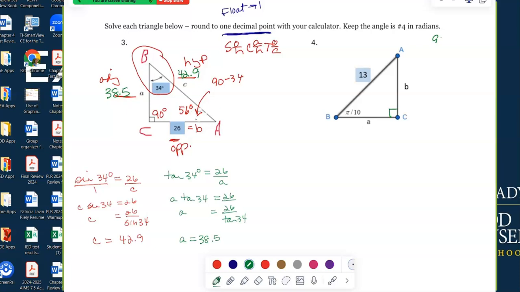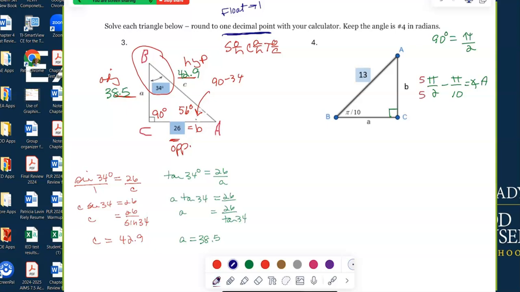I'm now dealing in radians in problem 4. So my 90 degrees equals what? You should all be screaming pi over 2. Okay, so if that's the case, then I know that pi over 2 minus pi over 10 is what I need for angle A. Well, I can't do that unless I multiply pi over 2 by 5 over 5.